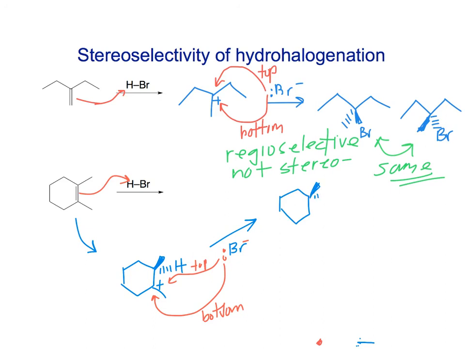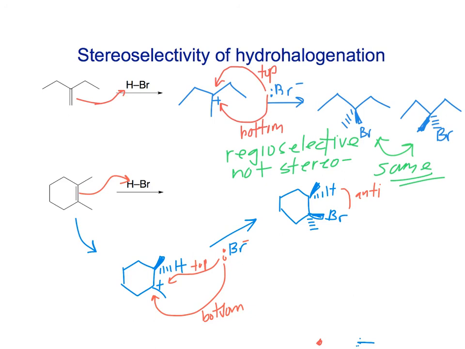It's got protonated on the bottom. We're going to bring the bromine from the top, and this methyl group will be on the bottom. All right, so notice that the H here and the bromine here are opposite of one another. So we call this anti. So it was an anti-addition.